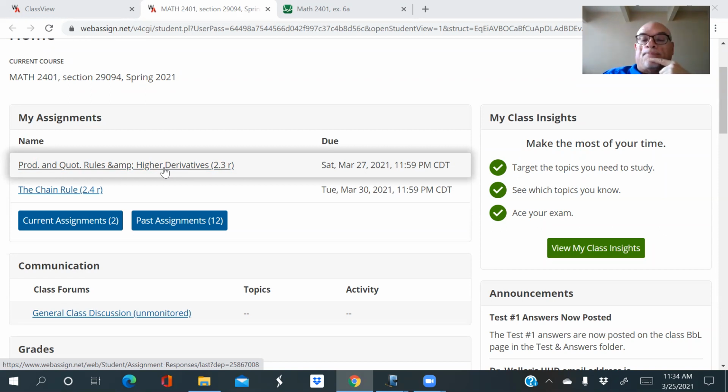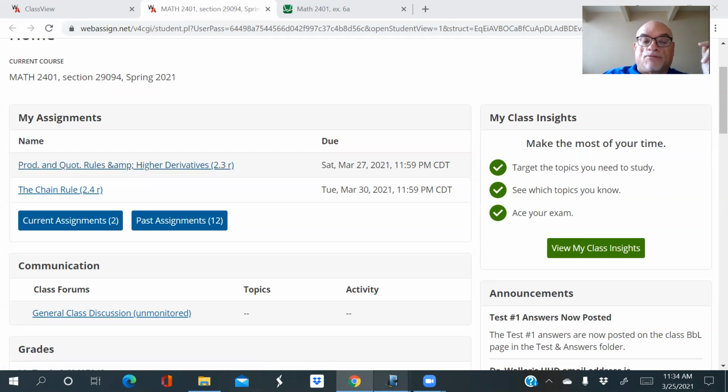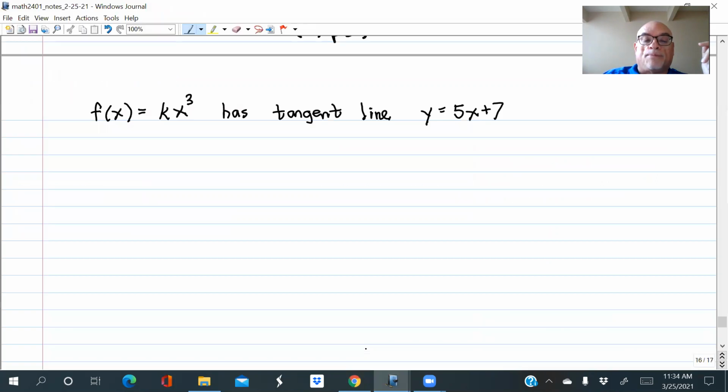Now, I did want to mention one problem that was in the homework that was due yesterday, I think. By the way, if you didn't work on that homework, and there's a couple of you who didn't either make a high score or didn't start that one, don't forget, you can still request an automatic extension.